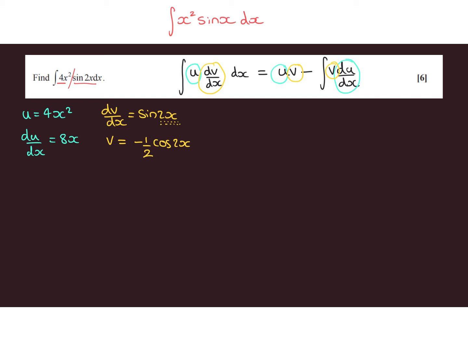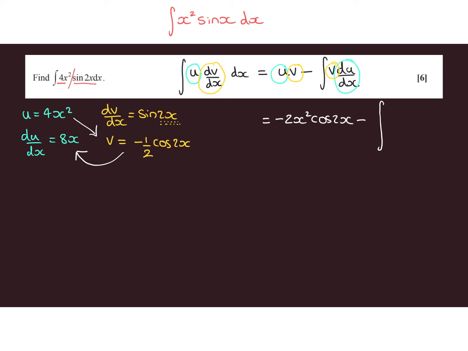So my integral becomes uv first of all, so that's the product of these two. To tidy that up, minus a half times 4 will give me a minus 2. I'll leave the x squared at the front, cos 2x, minus, we'll put the minus sign in for the moment and then deal with anything that comes up in a second, the integral of v times du by dx, so that's the product of these two.